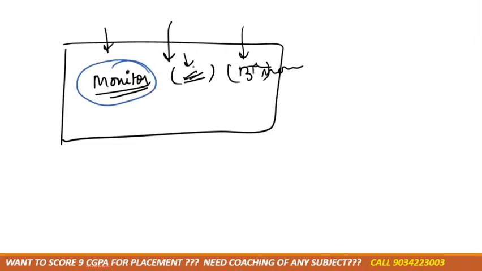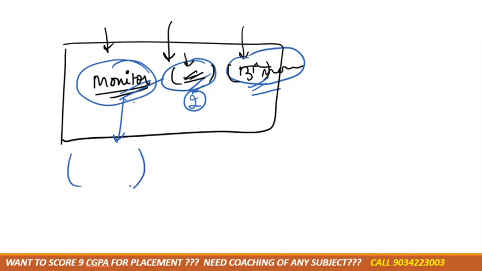Now see what happens. You will fight with each other. You'll say that I'll be the leader, the second one will say that he'll be the leader, and the third one will say that she will be the leader, right? So you are fighting with each other, but the teacher decided that for the first month you will be the monitor, for the second month he will be the monitor, and for the third month she will be the monitor.